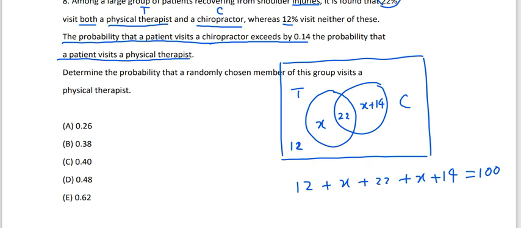Okay. So find X, then what is the question? Determine the probability that the randomly chosen member will visit T. So we just need to find this probability for T, or just find X plus 22. So we need to find what X is. Yeah, so we need to solve this equation.